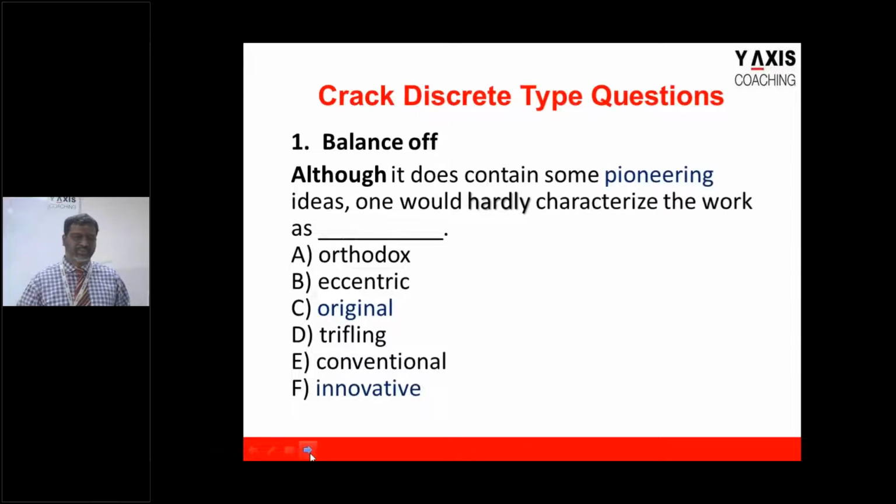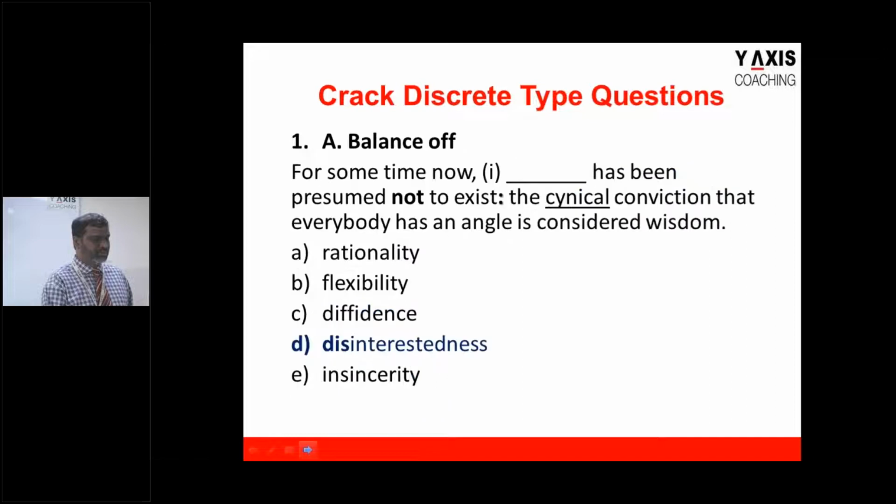So the word that you need there is same as pioneering. Pioneering is same as original and innovative. So here is a reasoning test. You need to always go with the clues that are available right there within the sentence or the prompt.